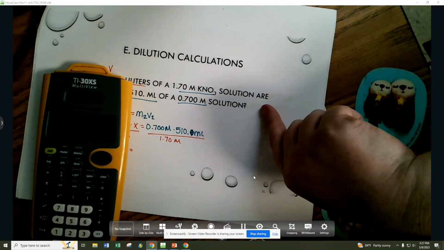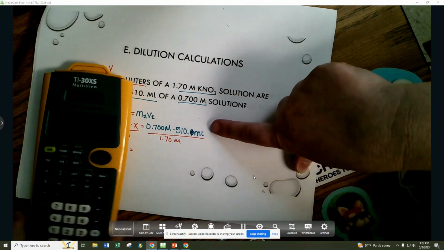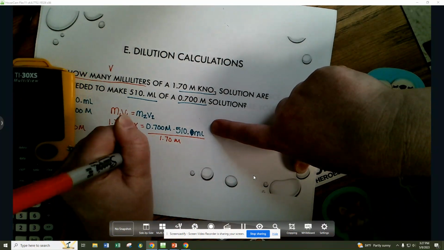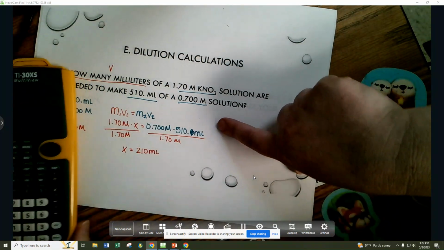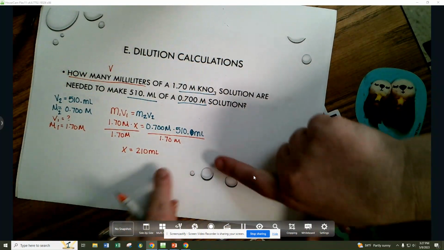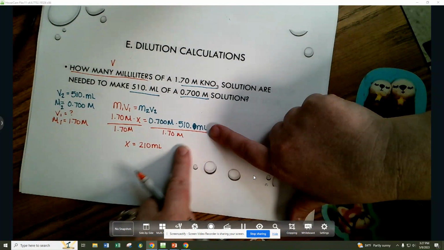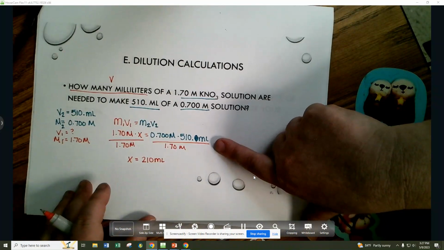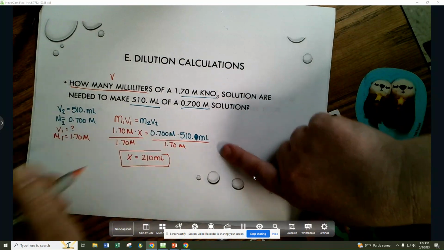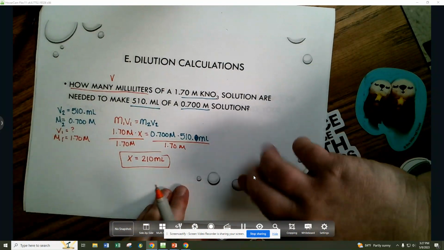It looks like all of them have 3 sig figs through the use of the decimal. So this tells me that I need 210 milliliters of that concentrated. Now, to bring this up to a total of 510 milliliters, I would then fill the rest up with water, and I'll explain that more with my next example. So that's my ending answer, and it asked for milliliters, so I didn't need to convert.